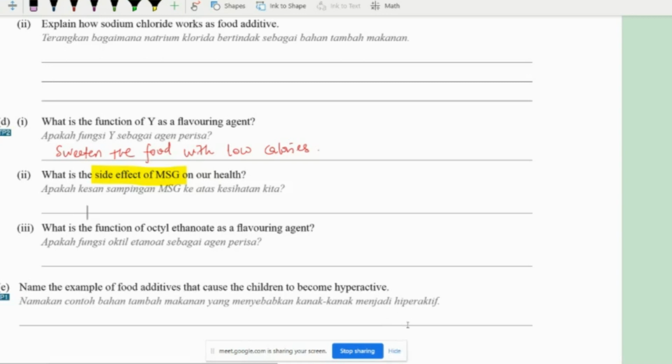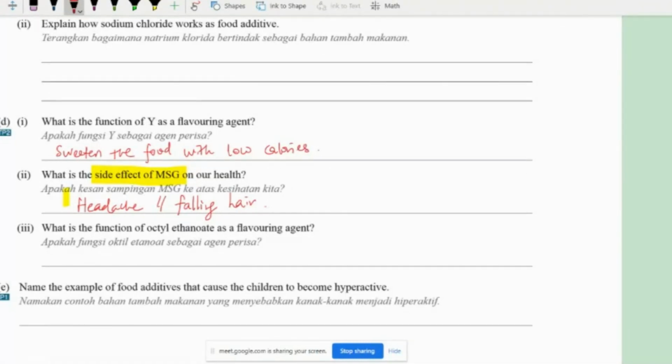What else? Headache, sakit kepala. Okay. Actually, another one I think. I agree with this. There is the falling hair.